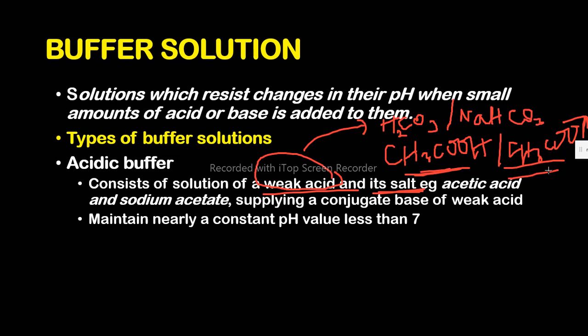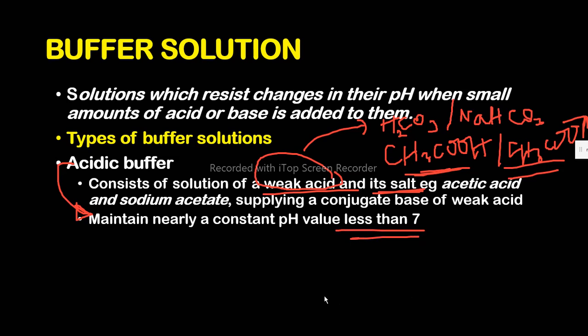And this solution can resist the change in pH when a little base or a little acid is added into it. And mainly, why is it called an acidic buffer? Because mainly its pH, after it has adjusted itself, is below 7. And that's why it is referred to as an acidic buffer.